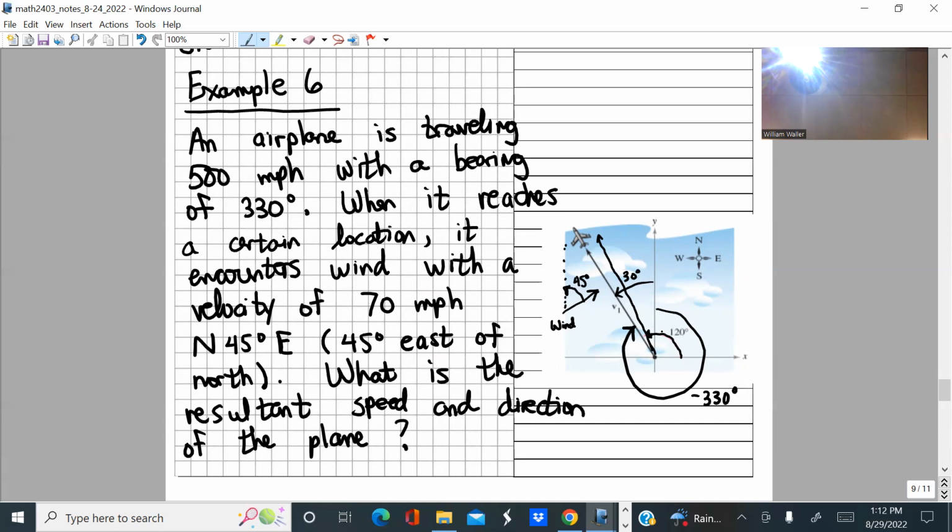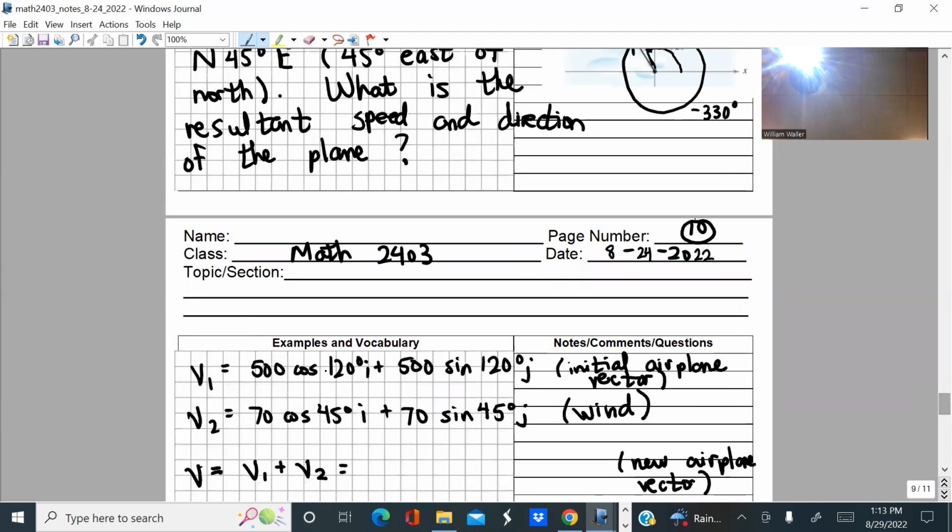So if you take this angle plus that 30 degrees that you were short of one rotation, that gives you 120 degrees. So this angle is 120 degrees. The angle from the x-axis in this picture is 120 degrees. So in our measurement, the direction of the airplane is 120 degrees, okay? So that's the direction of the vector that corresponds to the airplane.